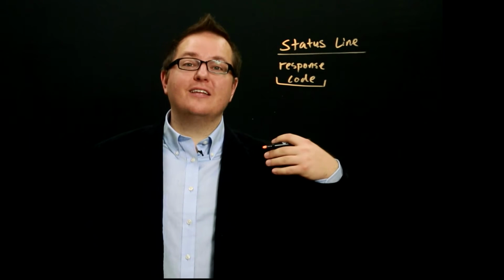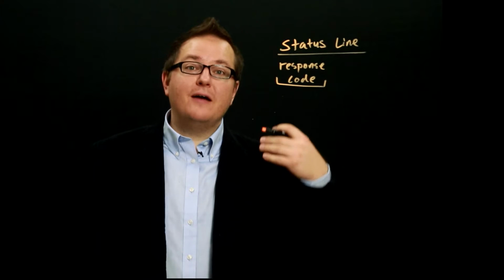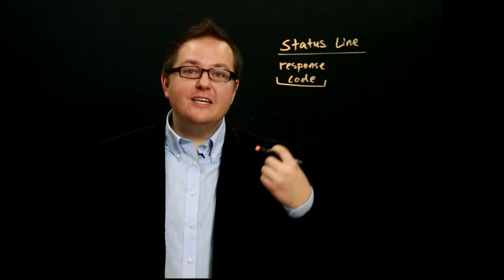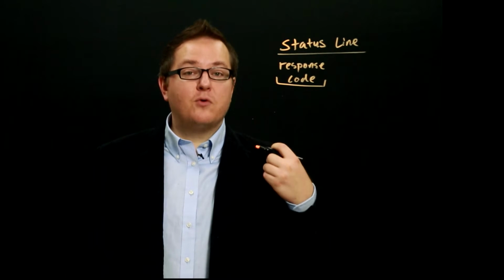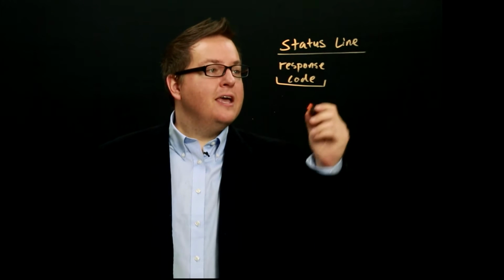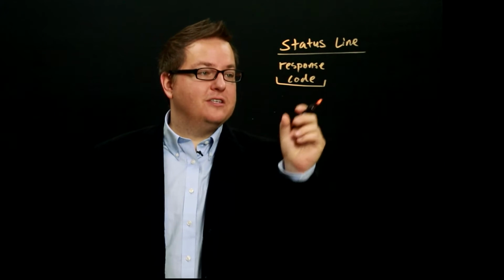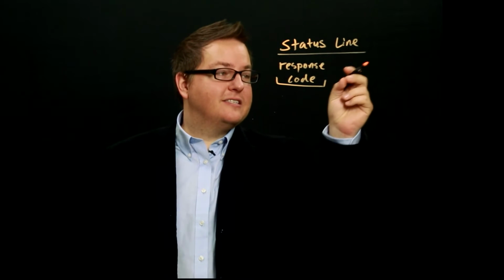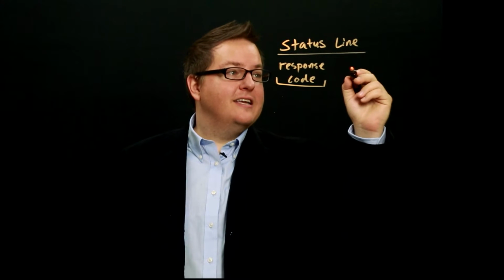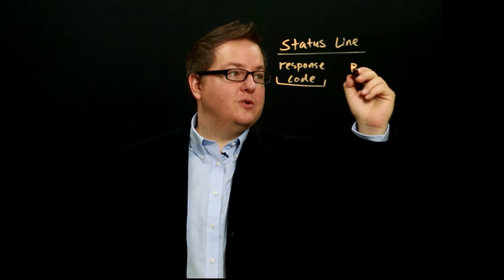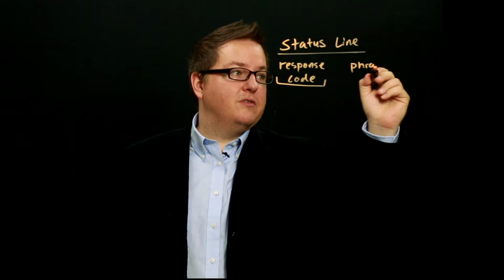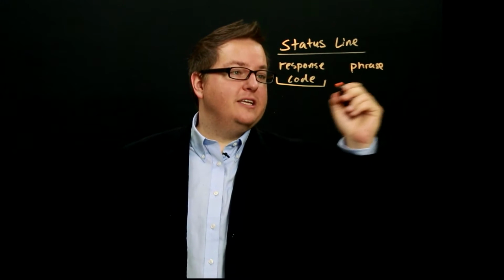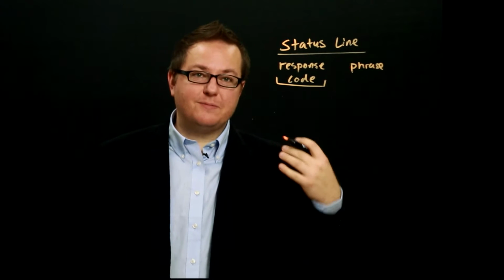You couldn't directly observe what happened, but I'm going to tell you what happened so that you can take the appropriate action. The first component of the status line is the numeric response code. The second part of the status line is a phrase, or a textual description of the reason for this code, or the explanation of it.